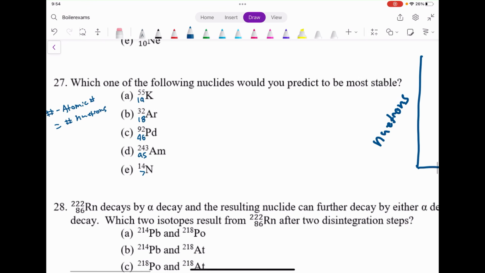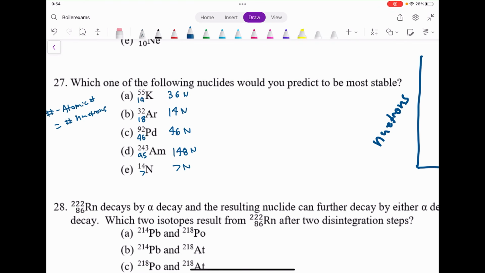So let me just also figure that out real quick. 55 minus 19, 36 neutrons. 32 minus 18, 14 neutrons. 92 minus 46, 46 neutrons. 243 minus 95, 148 neutrons, and 7 neutrons. Okay.